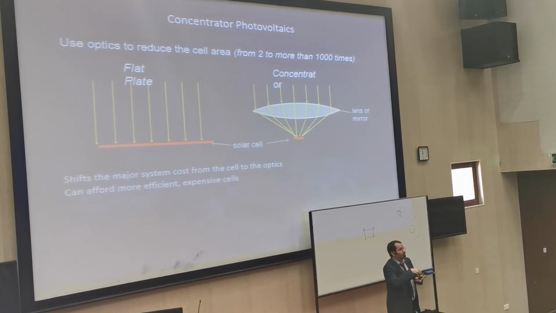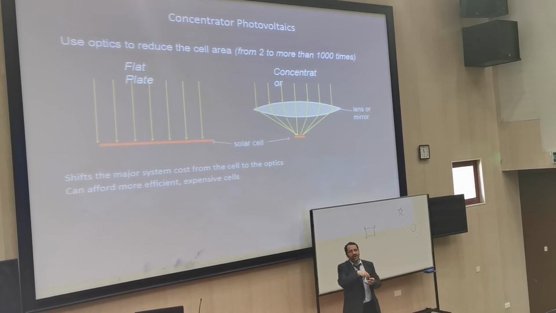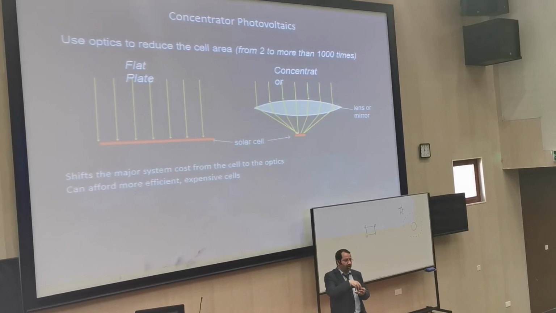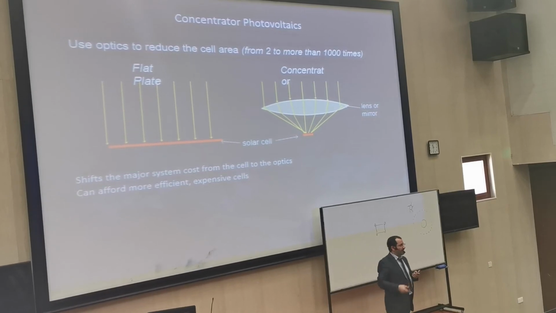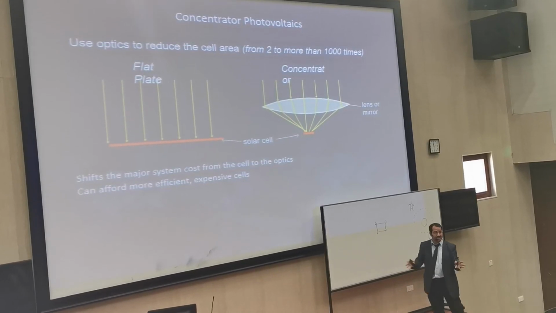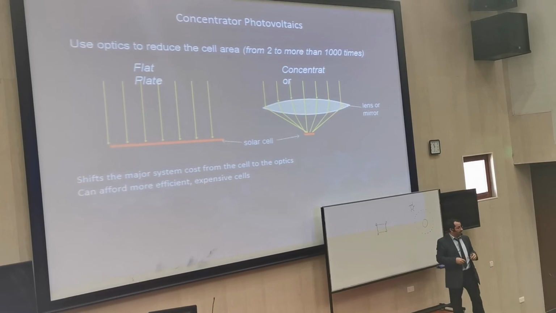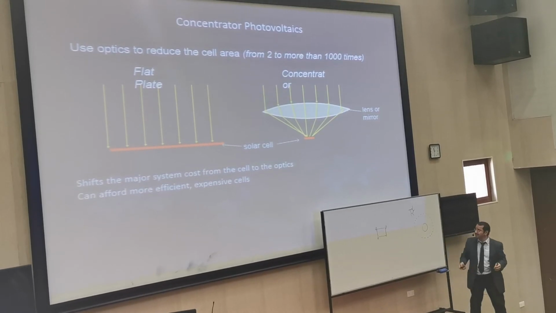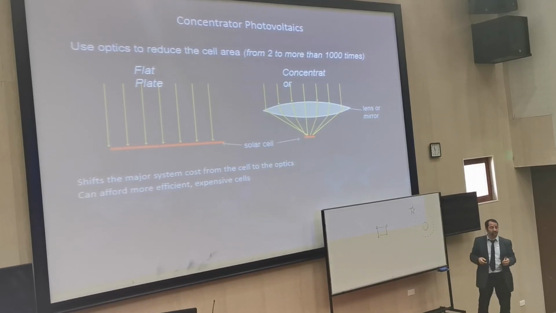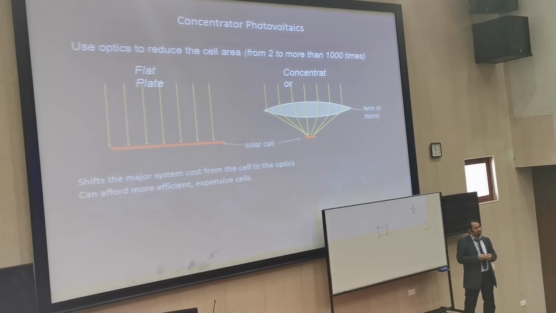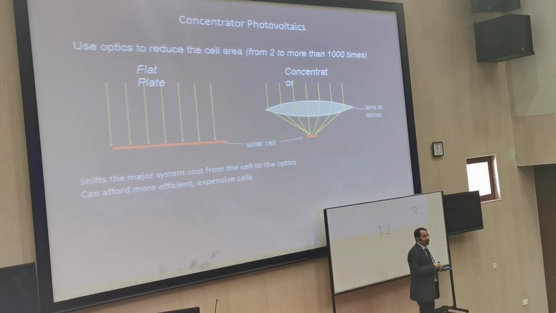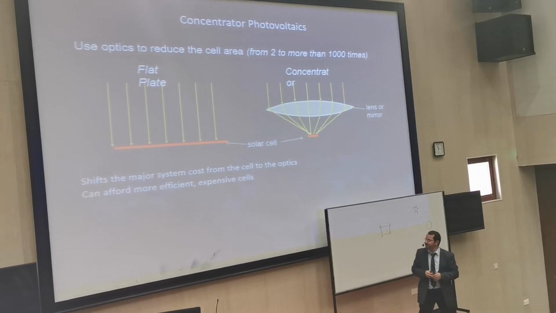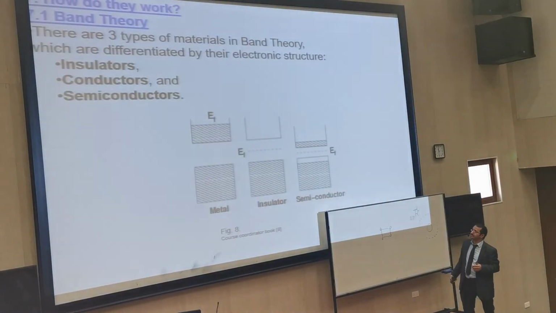You remember last time we talked about concentration? Rather than 1,000 watt per square meter, we have 10,000 as an example, 20,000. So here we reduce the size of the solar cell, we save the place and we save the material, but the cost will be the lenses themselves. And definitely this needs more work on the cell to handle this amount of energy and heat, and we need cooling, which increases the cost.